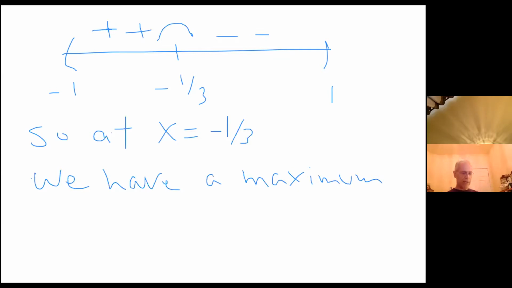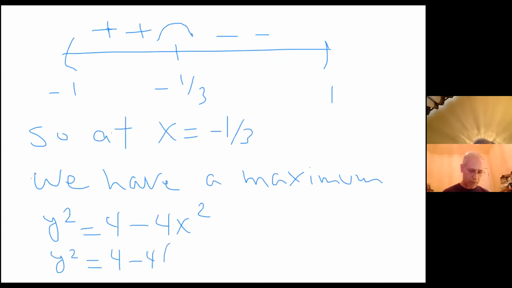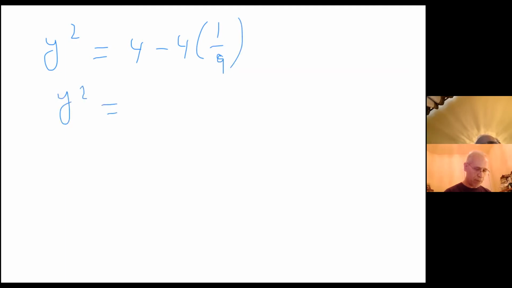Now I have to find the value of y. Remember that y squared equals 4 minus 4x squared. So y squared equals 4 minus 4 times (negative 1/3) squared, which is 4 minus 4 times 1/9, so 4 minus 4 over 9.